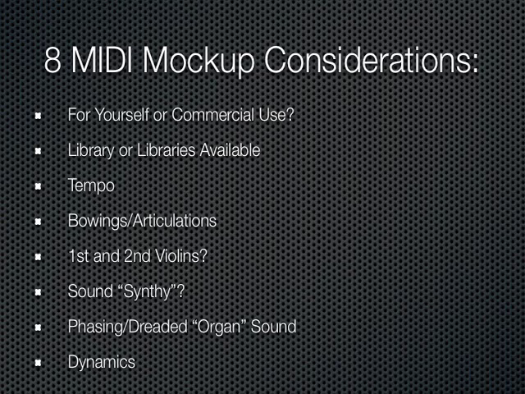So again, this is the reason why you want two or more libraries. Somebody wrote me a letter one time and said, so do I need five libraries, one for each string? No, you don't need five libraries, one for each string section. You just need a couple that blend well, so that you can set these things up in such a way that you get a beautiful sound and avoid this dreaded organ sound.